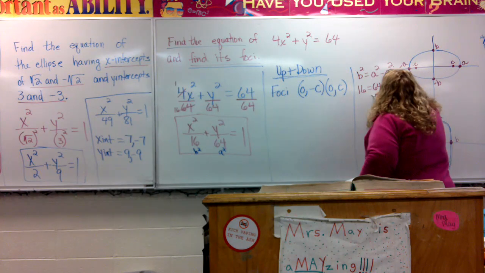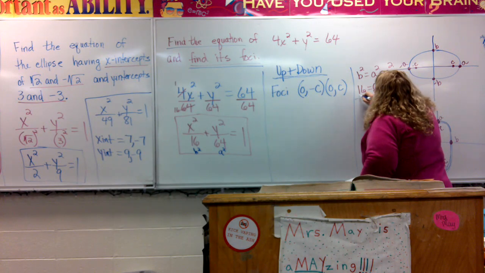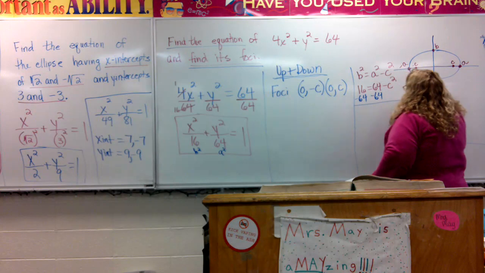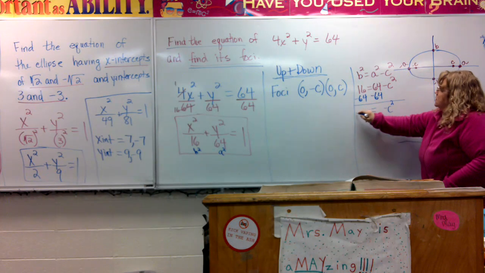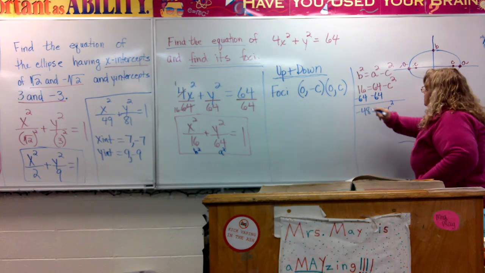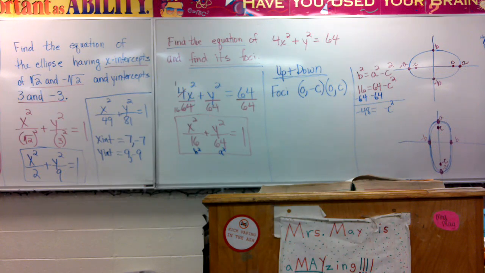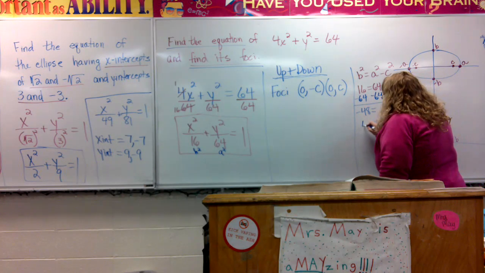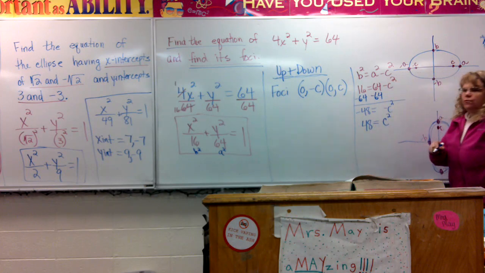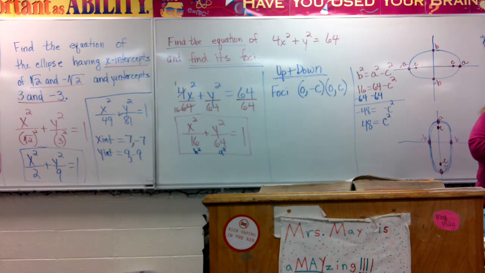I would minus 64. And you get negative c squared equals 48, I think. So if negative c squared is negative 48, positive c squared is positive 48.